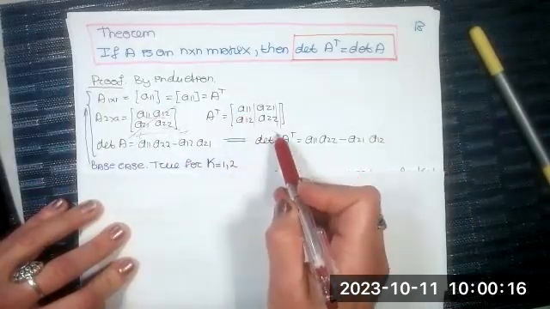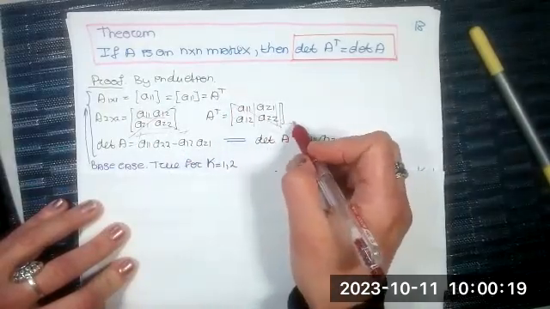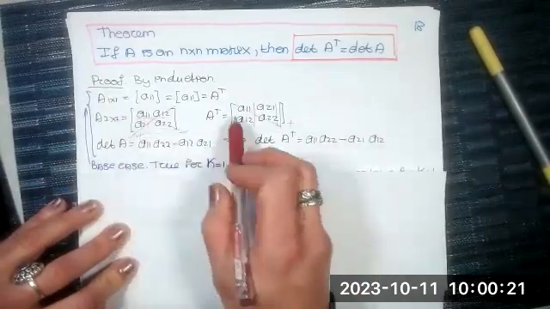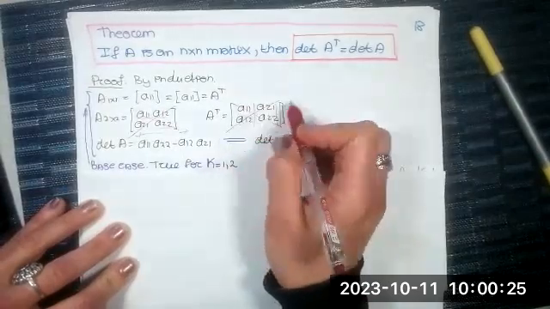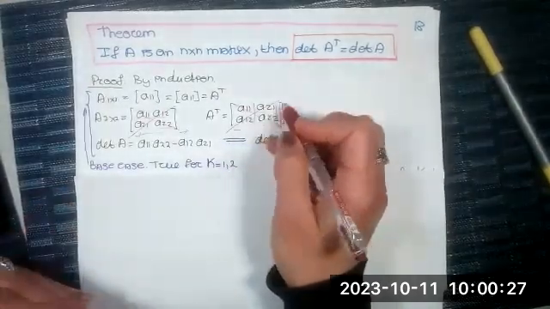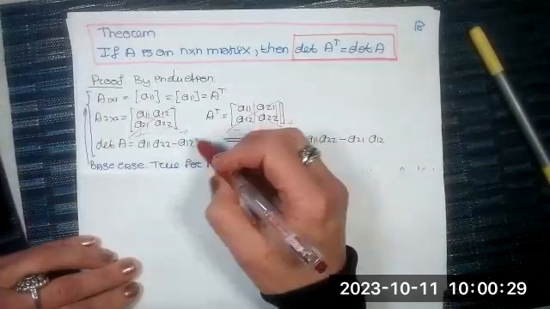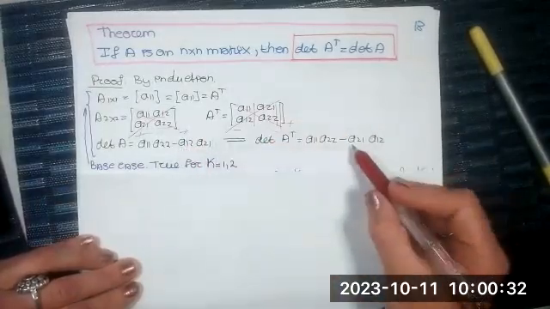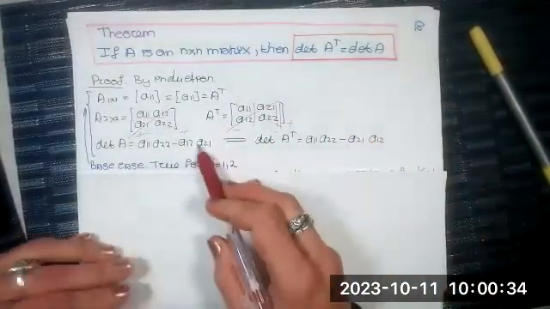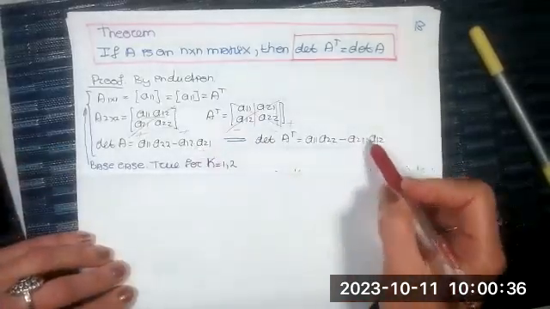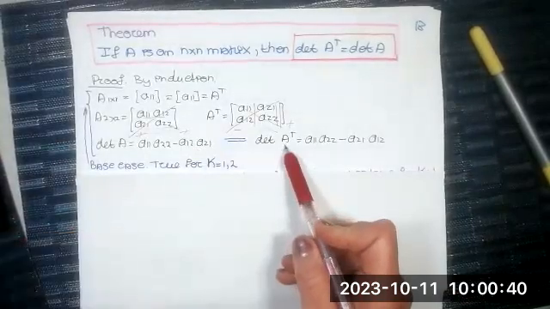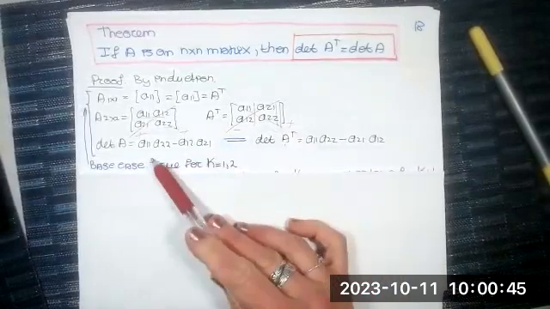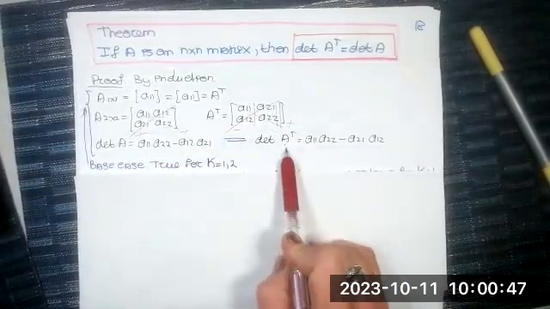If I compute the determinant of A transpose, I have A11, A22, since my diagonal elements don't change when I transpose. But my off-diagonal elements just switch places, so instead of A12, A21, I have A21, A12. But multiplication for real numbers is commutative, so the determinant of A equals the determinant of A transpose. So we know for n equals 2, determinant of A equals determinant of A transpose.